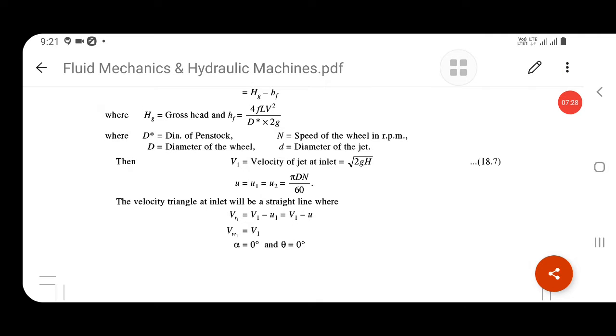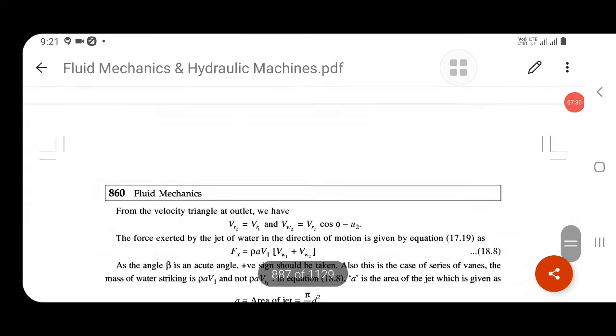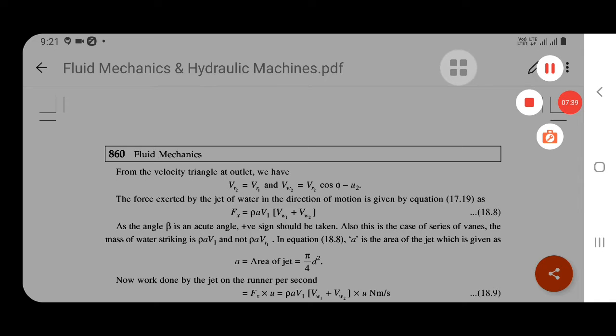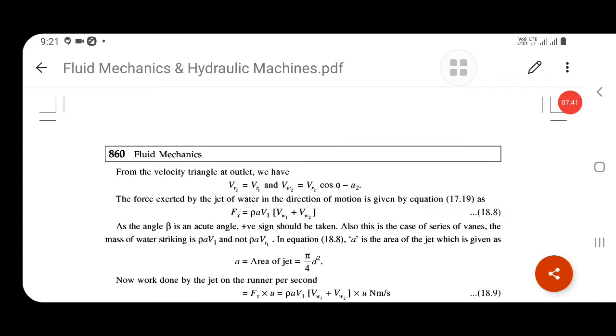So let's see the next. From the velocity triangle at outlet, we have VR2 is equal to VR1. So VW2 is equal to VR2 cos phi minus U2, with the help of trigonometry, cos phi is equal to (VW2 plus U2) upon VR2.